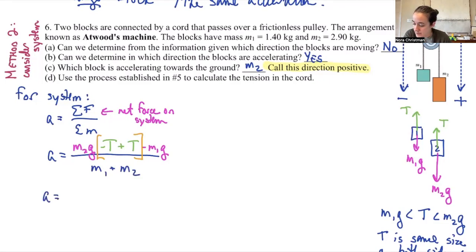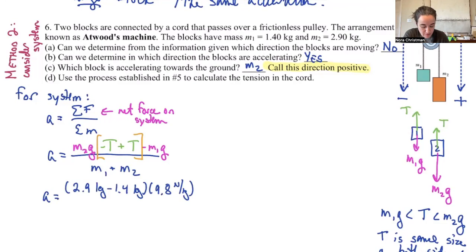Okay, so now we can plug in. I'm going to factor out that G. You'll notice I didn't plug in negative 9.8, because G is 9.8. The negative sign is out front.